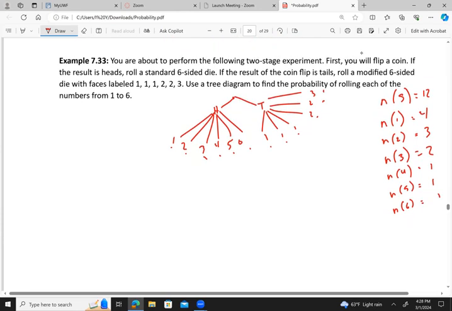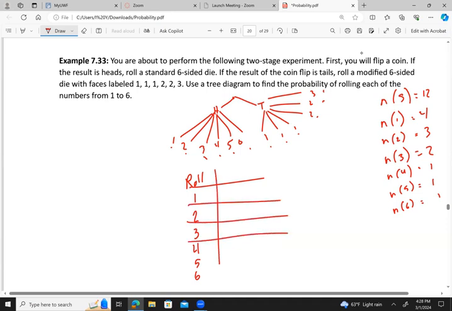So if a roll is 1, 2, 3, 4, 5, or 6, what is the probability? There's a total of 12 outcomes.